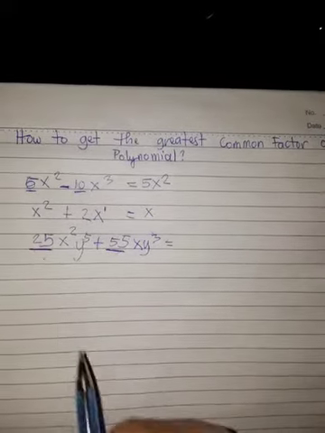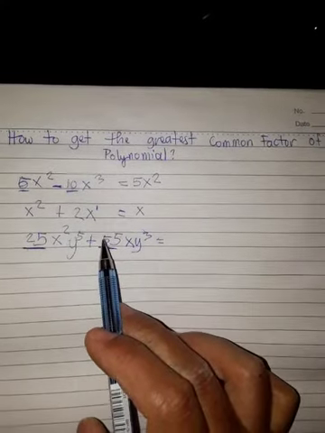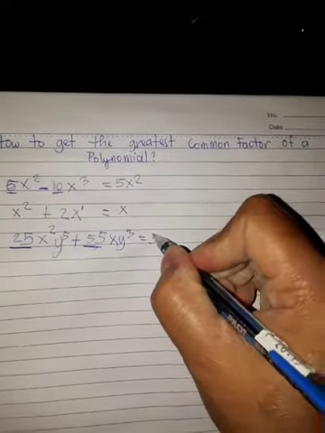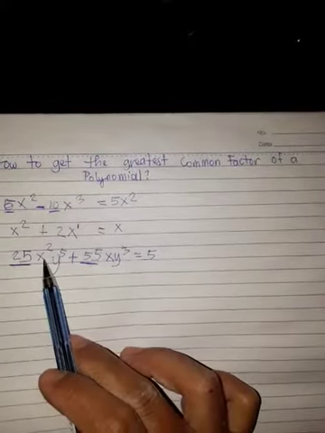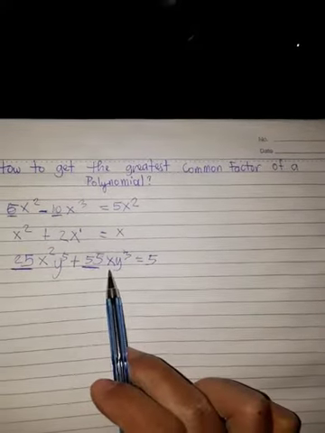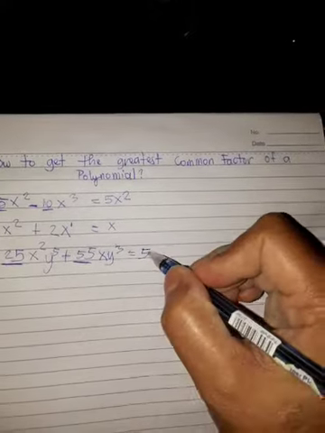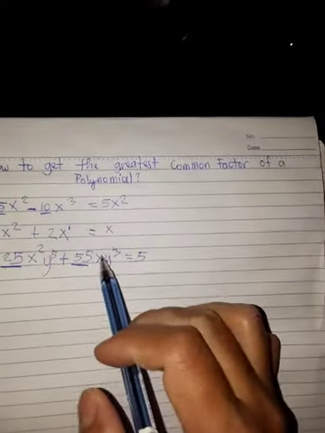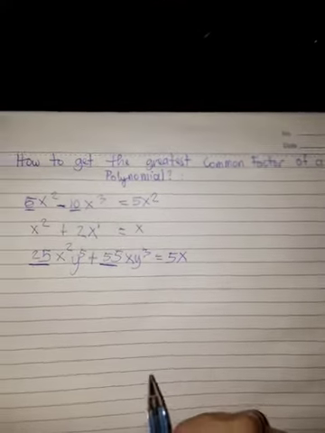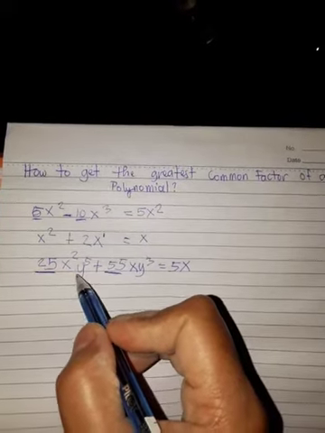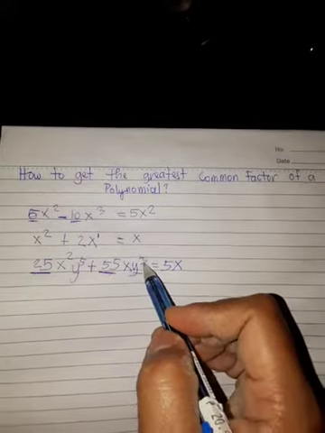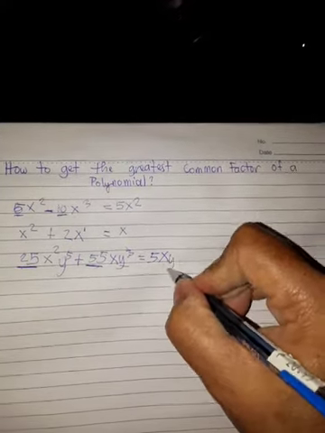The GCF for 25 and 55 is 5. Next, we have x and x. Both the first term and second term have x. The least exponent, 2 and 1, so just x. And another literal coefficient or variable, we have y, and the least exponent is y cubed. So y cubed.